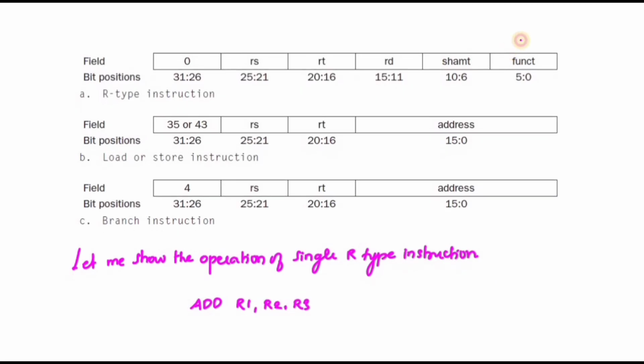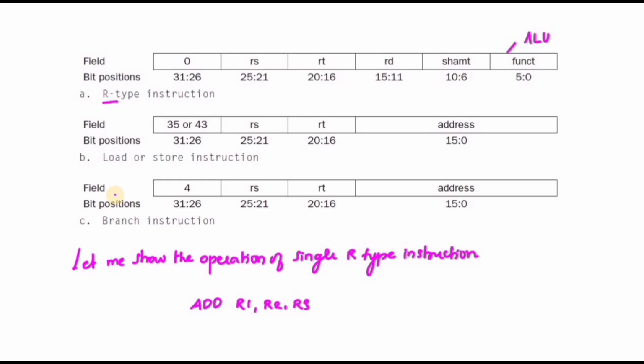Here we are going to consider add R1, R2, R3. R1 is my destination register and R2 and R3 are my operands, so we have three operands.